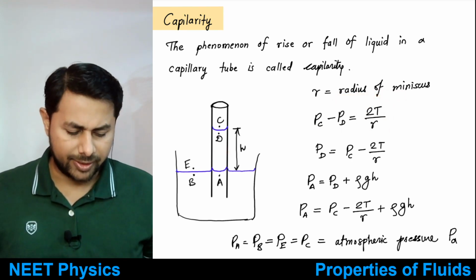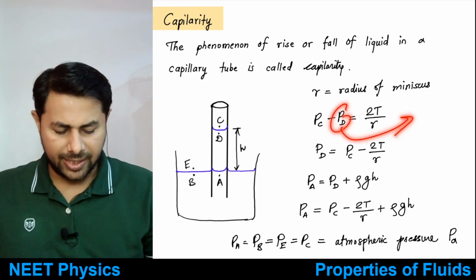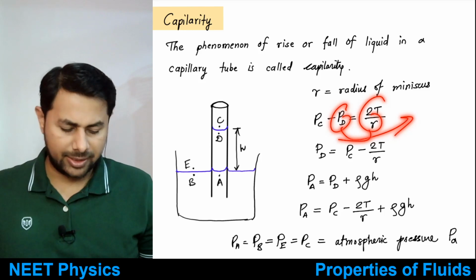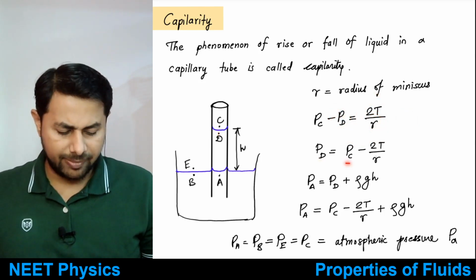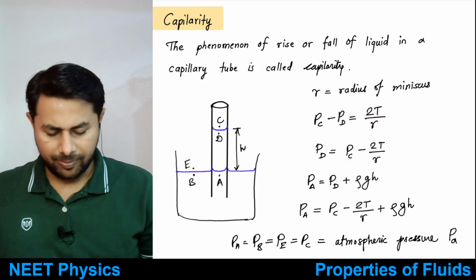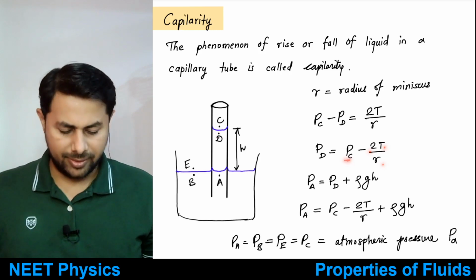This thing is important. Then moving PD to one side and 2T by R to the other, we get pressure at the point D is equal to PC minus 2T by R.